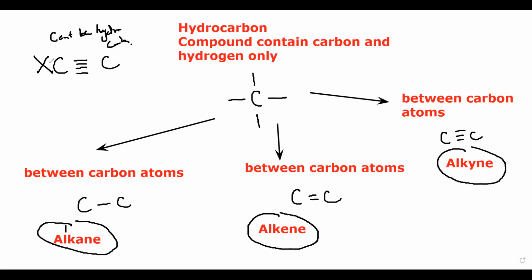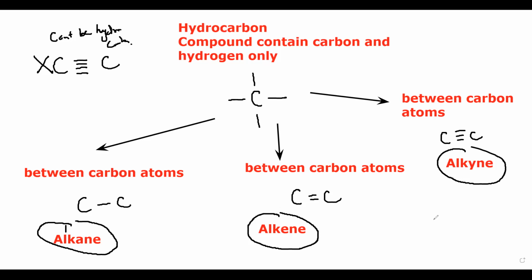So the three classes of hydrocarbon are alkane, where between the carbon atoms they might have a single bond, alkene, where between the two carbon atoms there might be a double bond, and alkyne, where between the two carbon atoms there might be a triple bond.